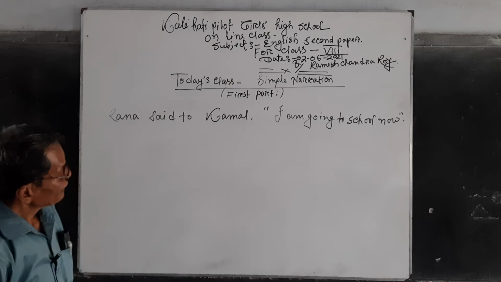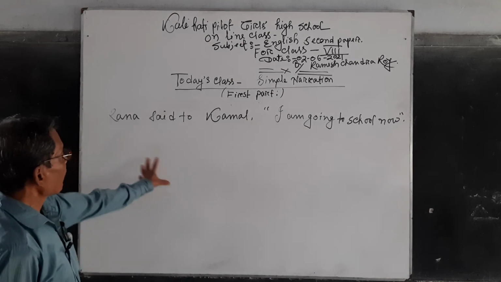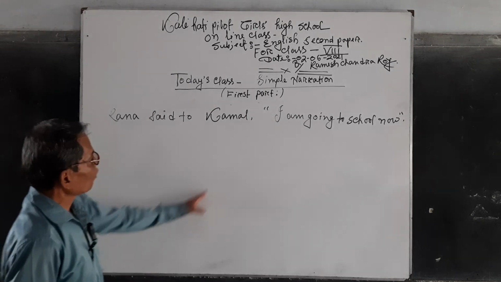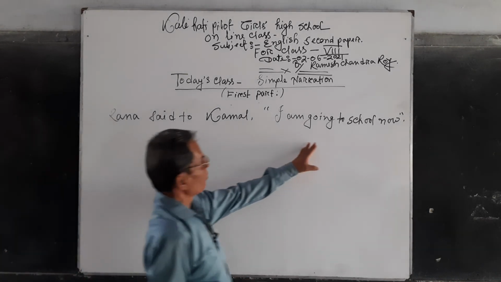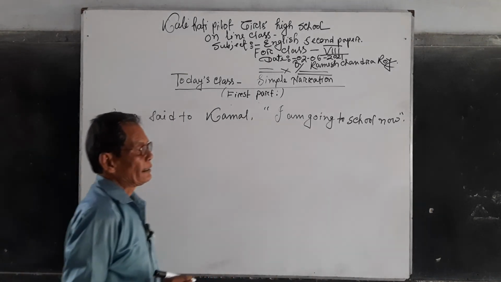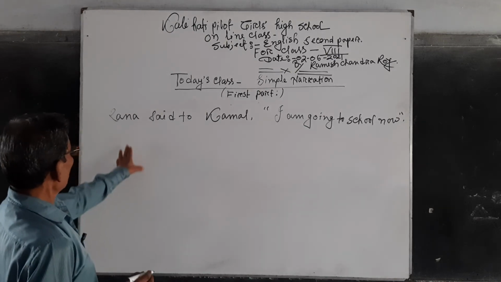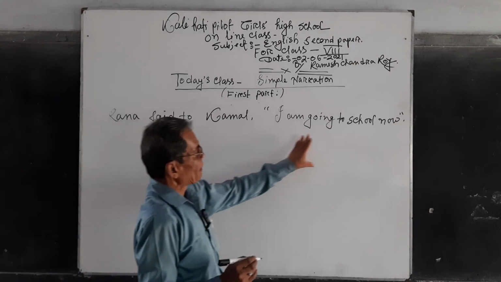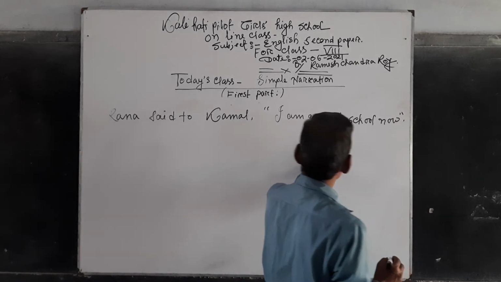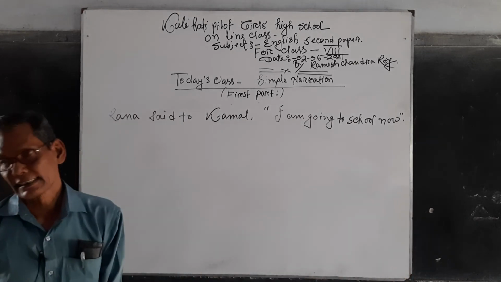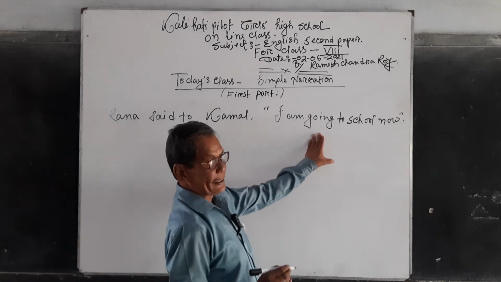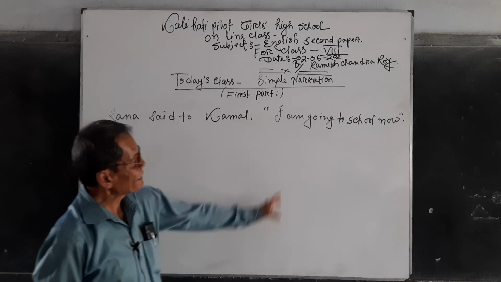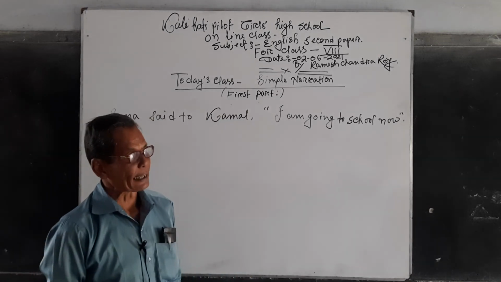Dear student, you can see here that there are two parts. One part is followed by a comma and another part is covered with inverted commas. The part before the comma is the reporting verb and the part in inverted commas is the reported speech, but we can see that the reported speech is in present continuous tense and also it is an assertive sentence.